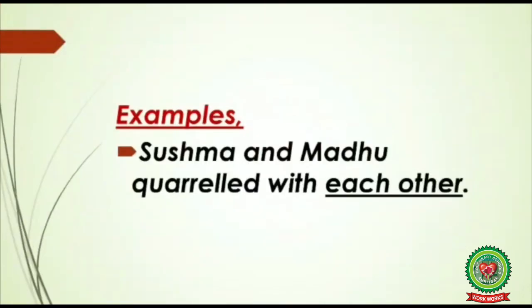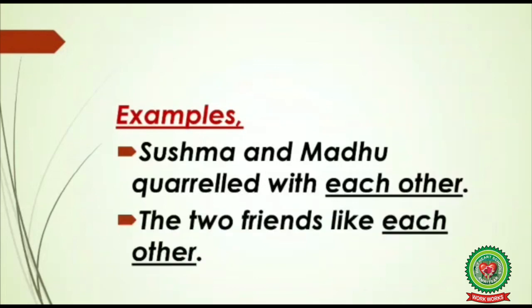The examples are Sushma and Madhu quarreled with each other. Children, here we are talking about two persons, so we have used each other. The two friends like each other. Here they are two friends, so we have used each other.